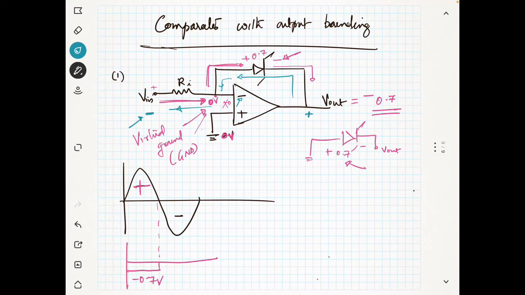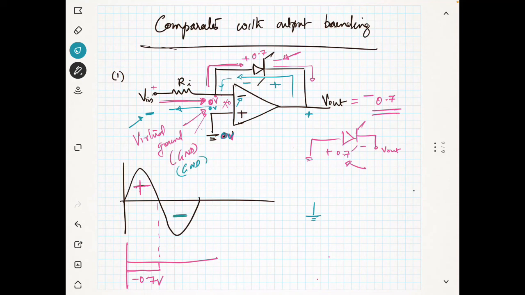If the current flows back and the Zener diode is on, the Zener diode will be on only if your current is so high. So what will happen? This is plus and this is minus. Again you have the ground point because this is 0 volt. So I can write my circuit now like this. This is again a ground point, even in the negative half cycle, unlike the positive half cycle.